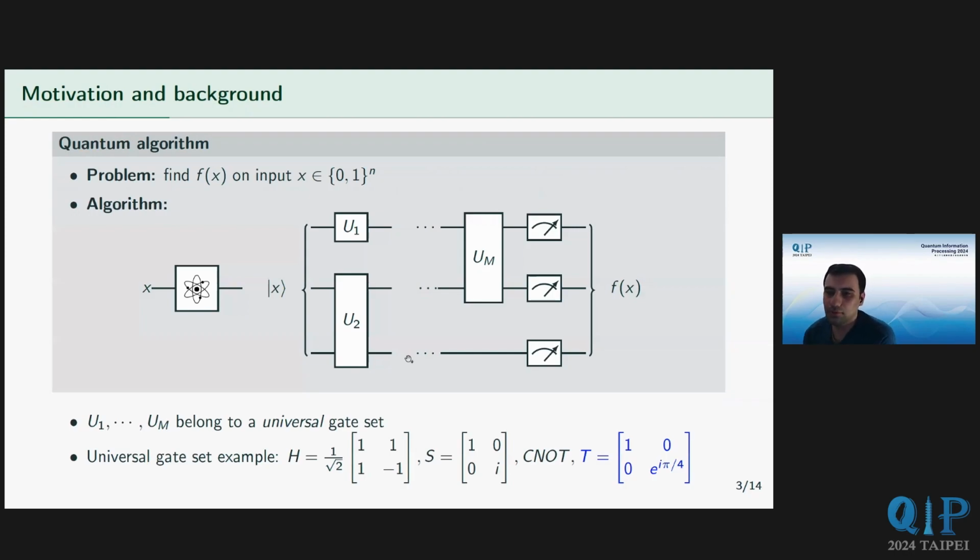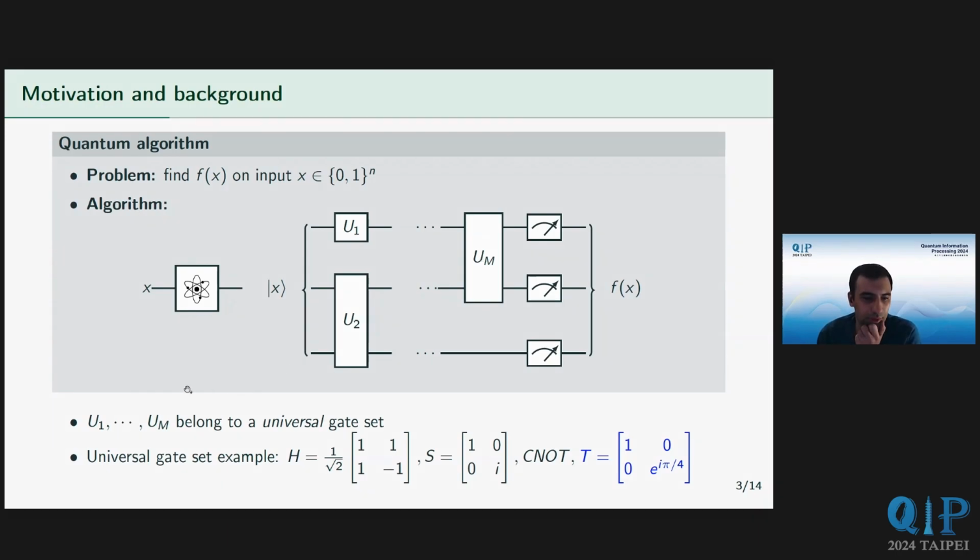First, I review what a quantum algorithm is in general. In an abstract way, you have some classical function f, and on input x, you want to find f of x. You first map your classical input x to some quantum state, and then apply some elementary unitaries. At the end, you perform measurements, and the output of this measurement is supposed to be the output of your function f.